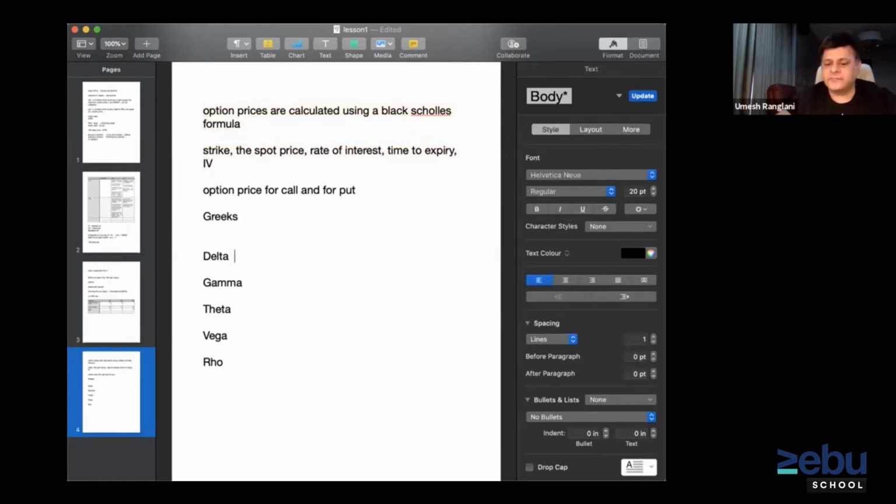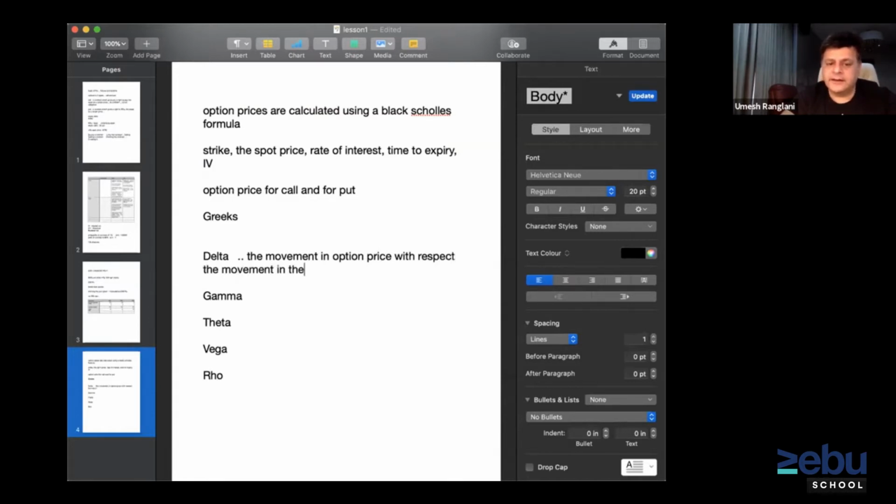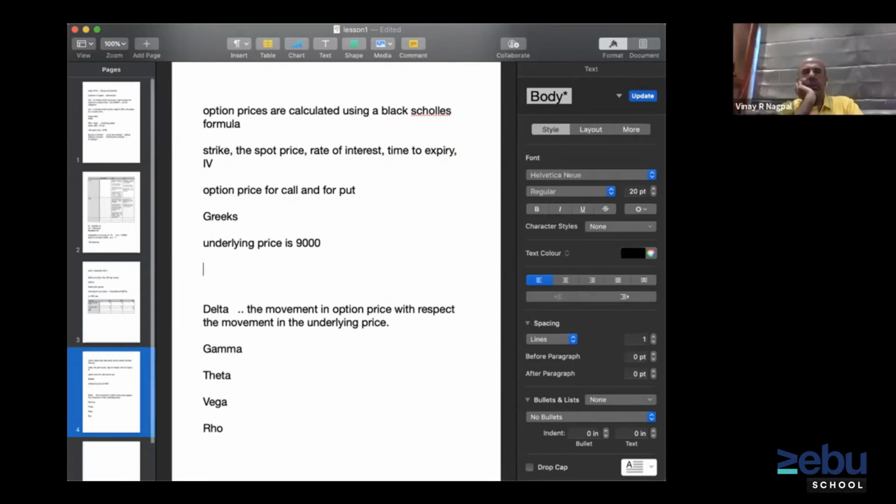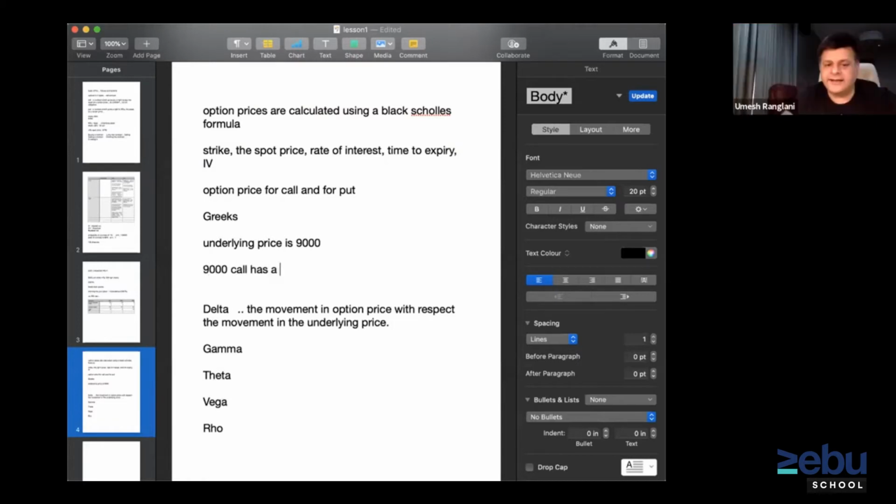What is delta? Delta is a concept which basically translates to a number which represents the movement in option price with respect to the movement in the underlying price. What this means: let's say the underlying price is 9,000, and I say the 9,000 call has a delta of 0.5.